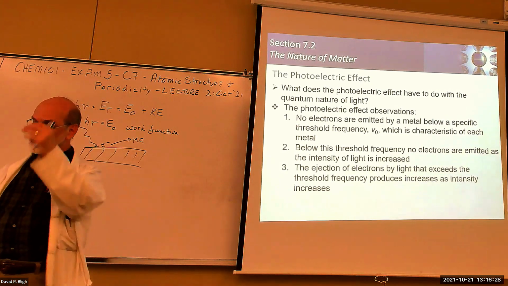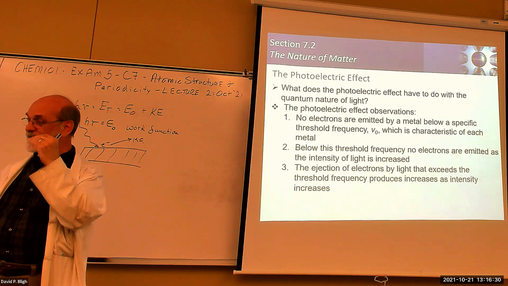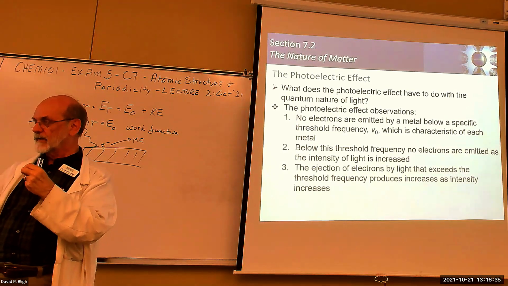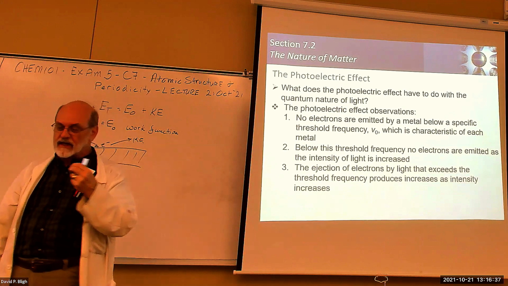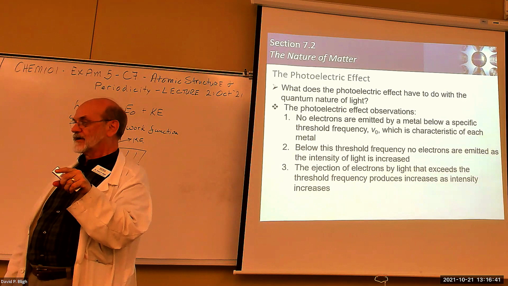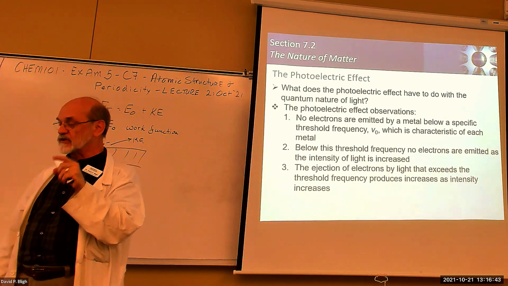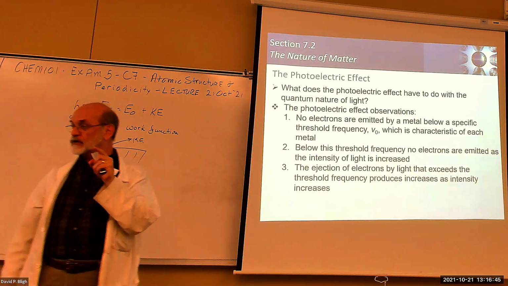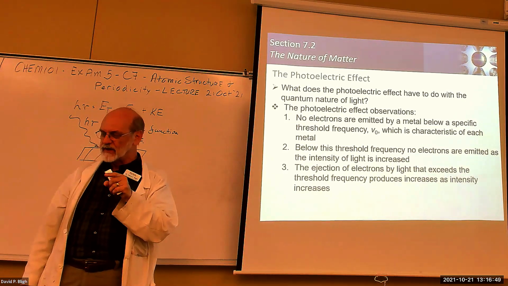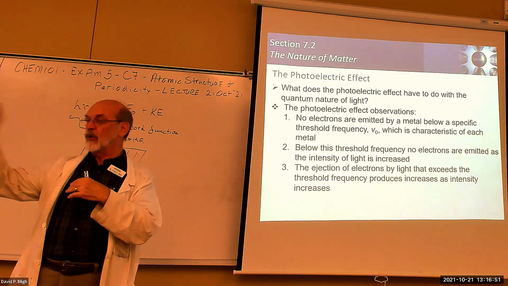It's only when you shorten the wavelength and increase the energy of the photon that you start to eject electrons. So when you increase intensity, you're actually throwing more photons at the surface, each one with sufficient energy to eject an electron.